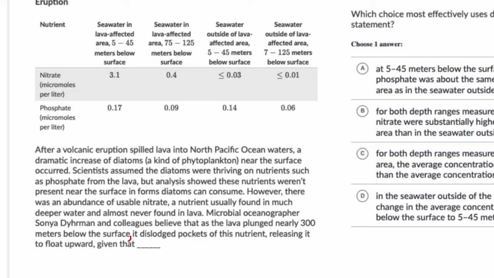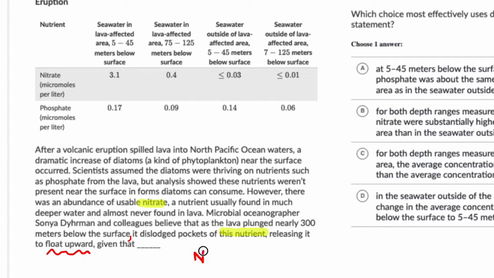Okay, so we got to put some things together here. This nutrient would be nitrate, and it's usually found in much deeper water, but it has floated upward here.